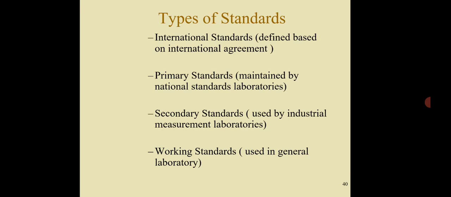In our general labs where we perform some experiments, we use working standards. So basically there are different types of standards: international standard, primary standard, secondary standard, and working standards. These are based upon your standards.